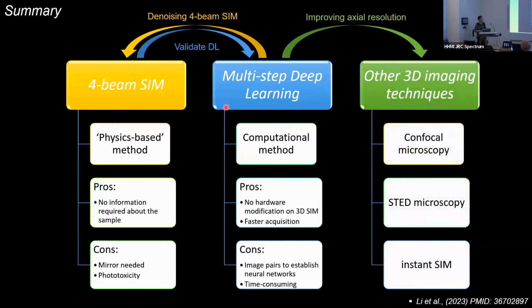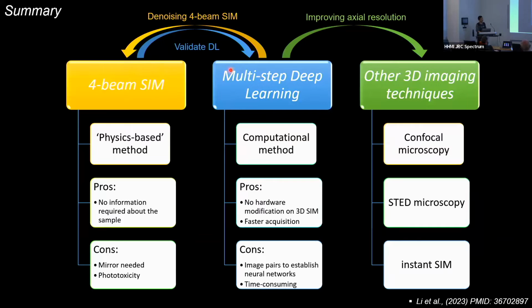However, I have to say that the 4-beam SIM and our multi-step deep learning are not isolated, right? They are closely correlated with each other, because we can combine these two methods to reduce the phototoxicity and improve the potential of 4-beam SIM using the deep learning pipeline here. And conversely, we can also use our 4-beam SIM to validate whether the multi-step deep learning result is correct or not.